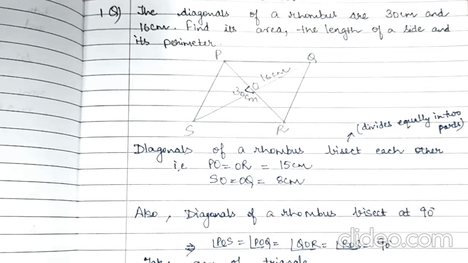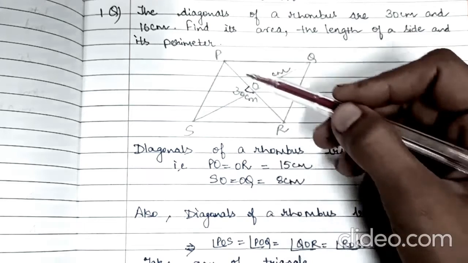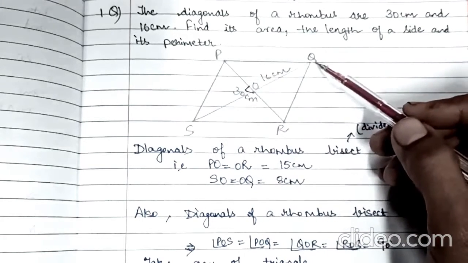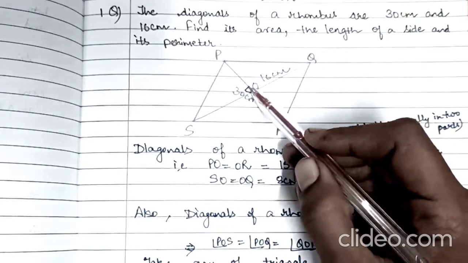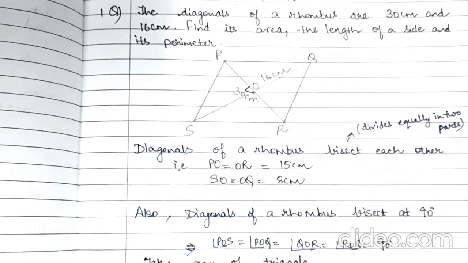First of all, you should keep in mind that the diagonals of the rhombus always bisect each other.